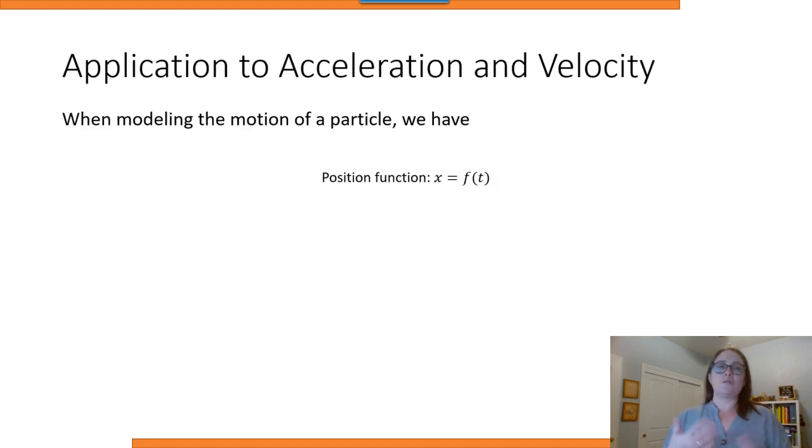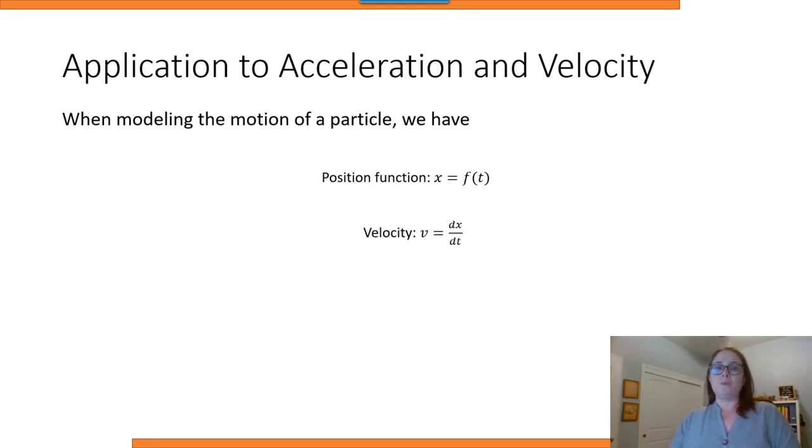Now let's take this to an application example where we look at acceleration and velocity. Let's say I'm modeling the motion of a particle. I have this position function, x is equal to f of t. So it's some function of time that tells me where the particle is at a particular time. If I were to take the derivative of my position function, I get the velocity of my particle.